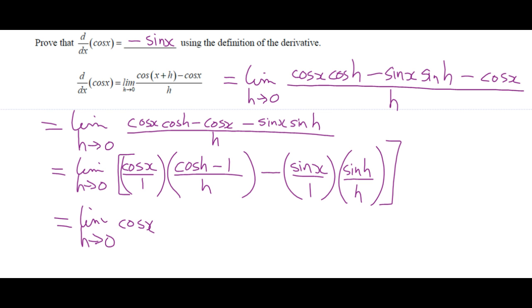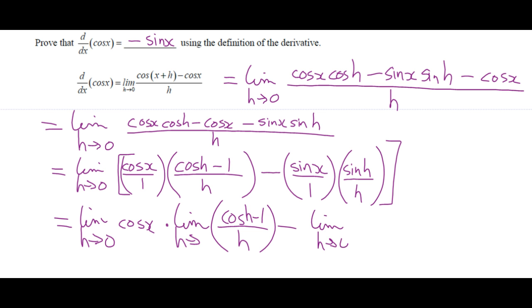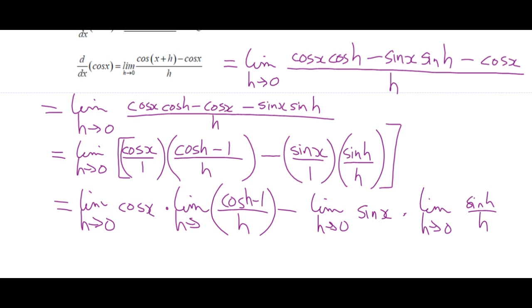So here we've got cos x times 0 minus sine x times 1, which is minus sine x, right?